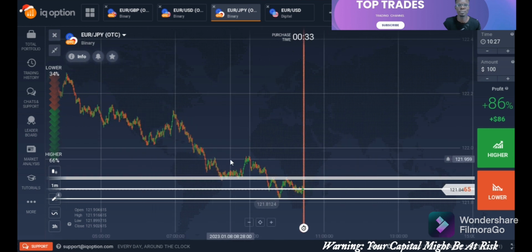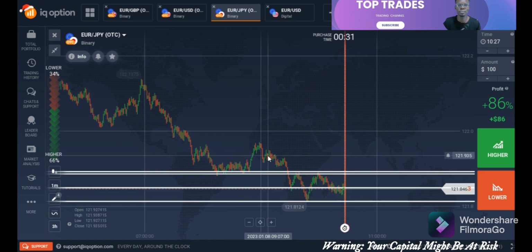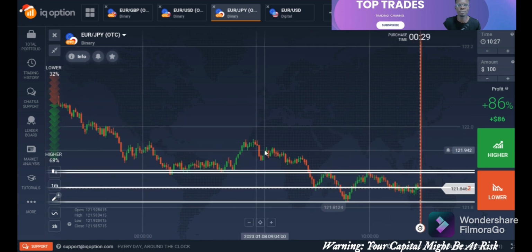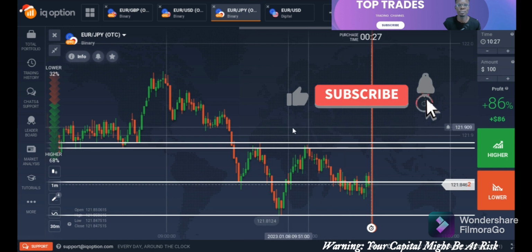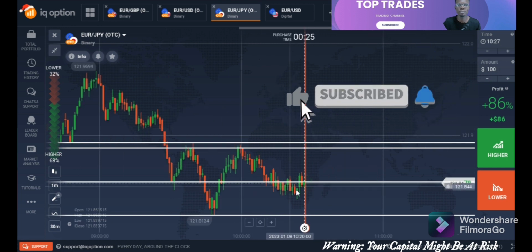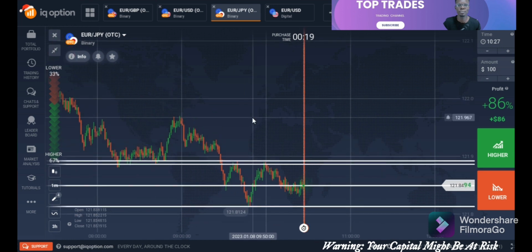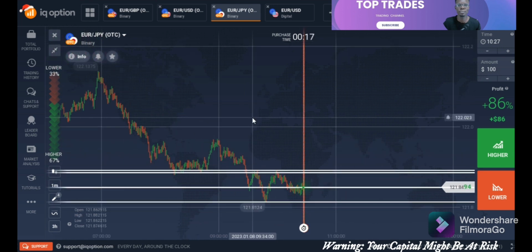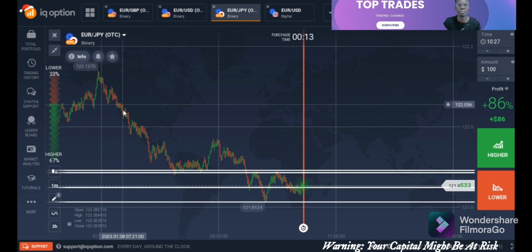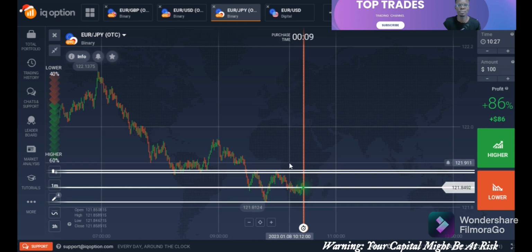This is what I've been preaching, that people should focus more on learning about price action so that they can understand what is going on in every market, to know how to trade. If you understand price action, you can trade literally everything. You can trade stocks, you can trade cryptos, you can trade anything, as long as you have a chart to fall back to. So I hope you guys learned something from this trading section.